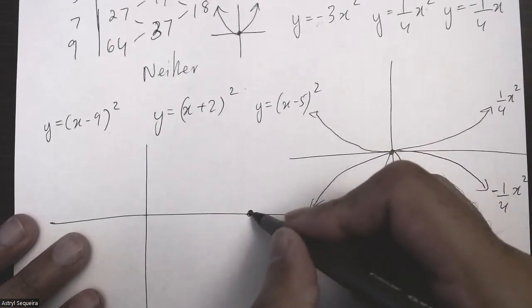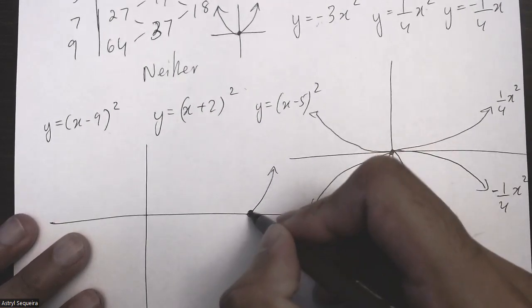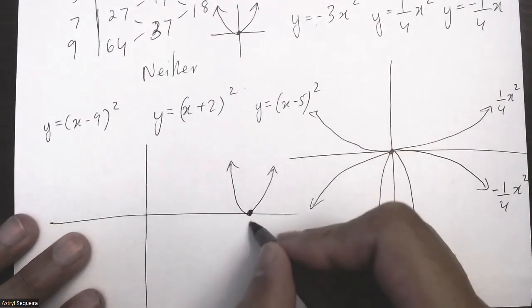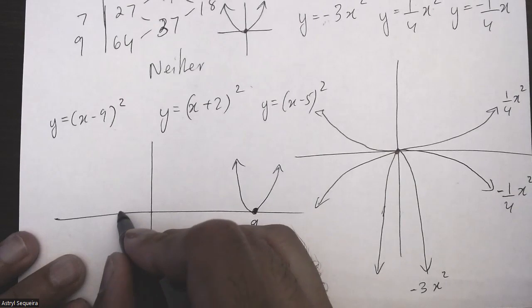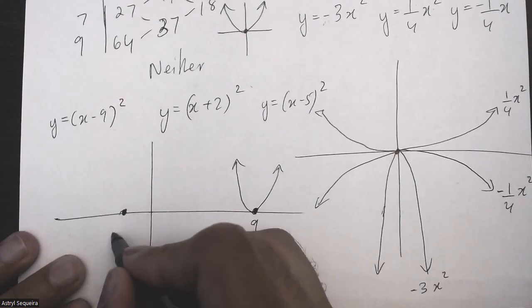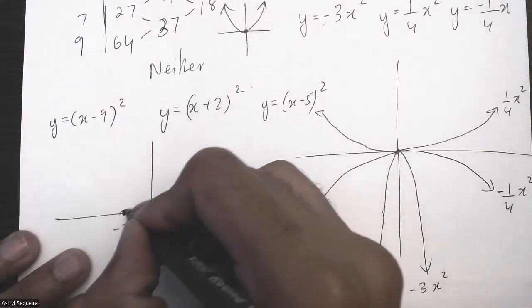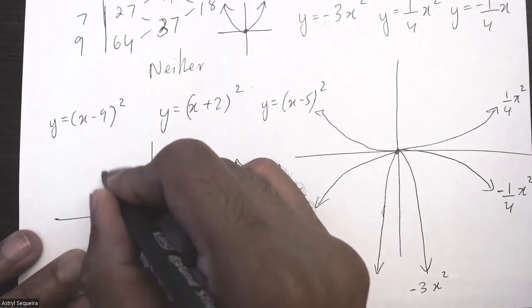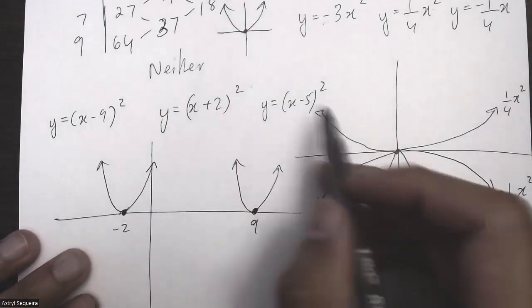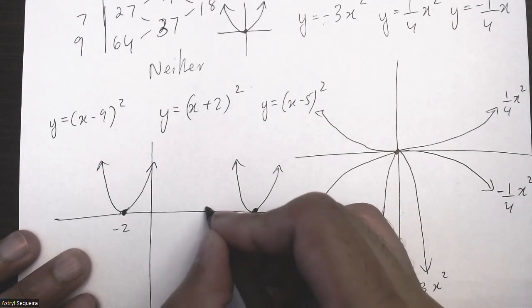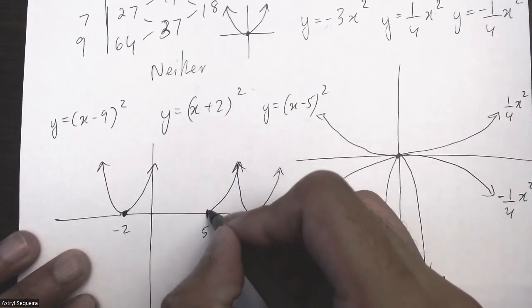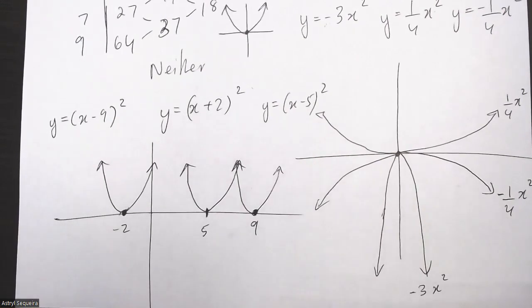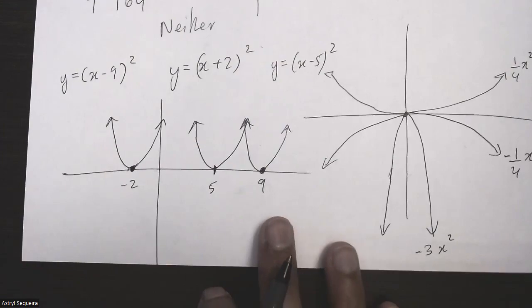It's going to be over here, just like the original, but shifted 9 units. (x plus 2) squared is 2 units to the left. So -2, and again, same shape as this one over here, and -5 is 5 units to the right, somewhere over there, and this looks like that. All right, so pretty simple with that one.